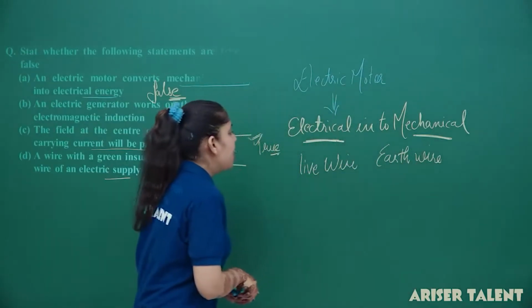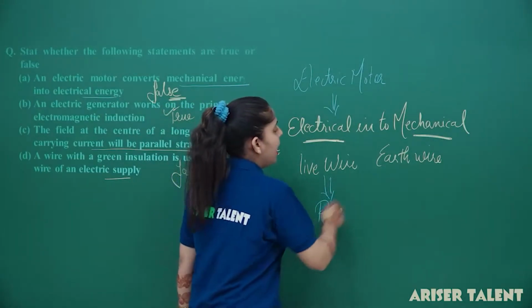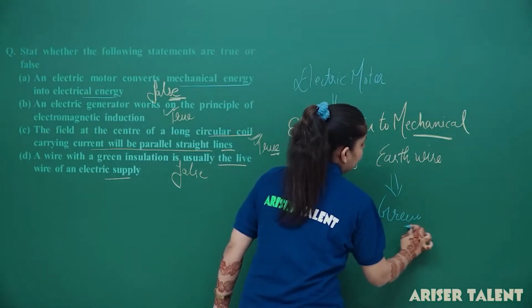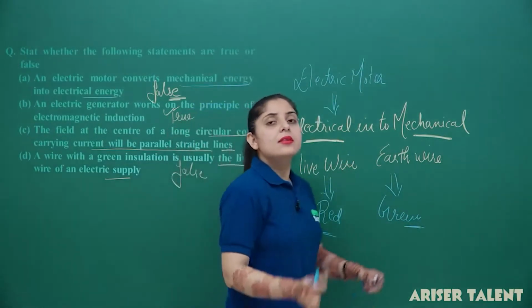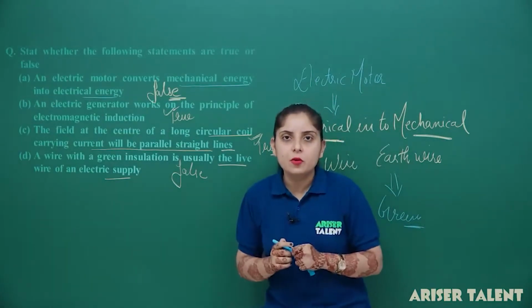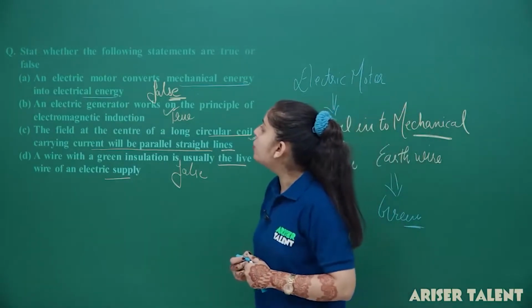The live wire will be red and the earth wire will be green. You have to remember the color coding of the wires because it is very essential. So this is a question related to true and false.